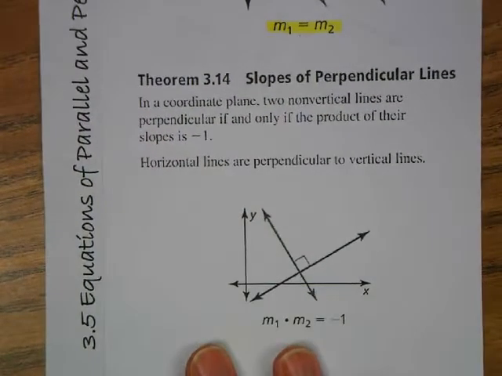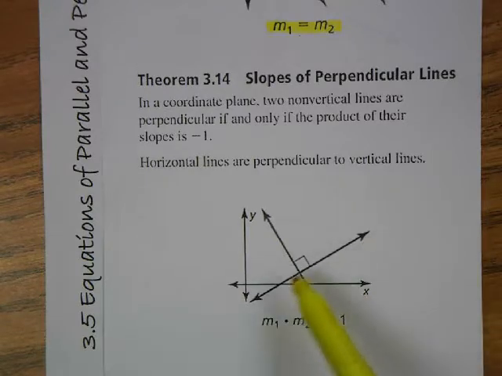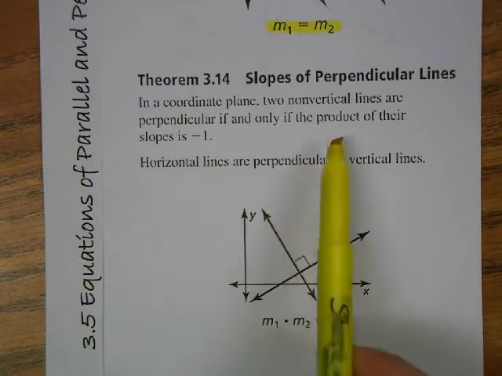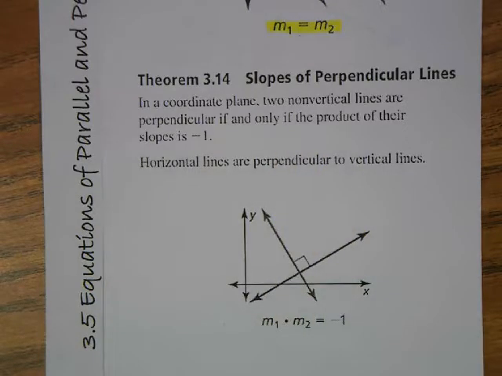Going down to Theorem 314, we talked about this yesterday in class, the slopes of perpendicular lines. Two non-vertical lines are going to be perpendicular if and only if the product of their slopes is -1. That's what we talked about yesterday, doing the opposite reciprocal.